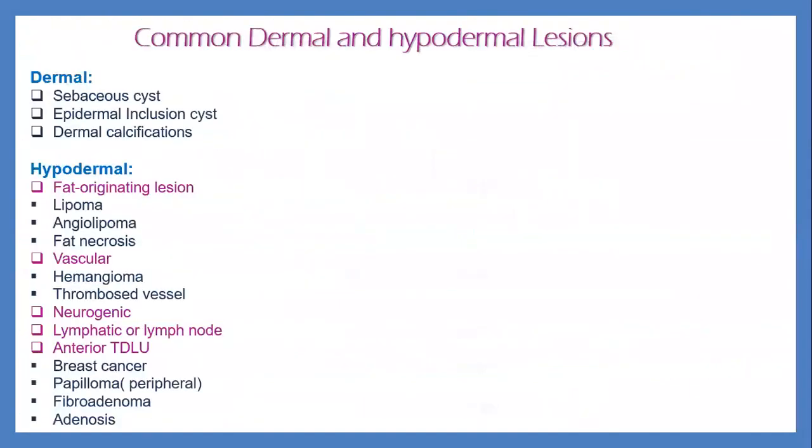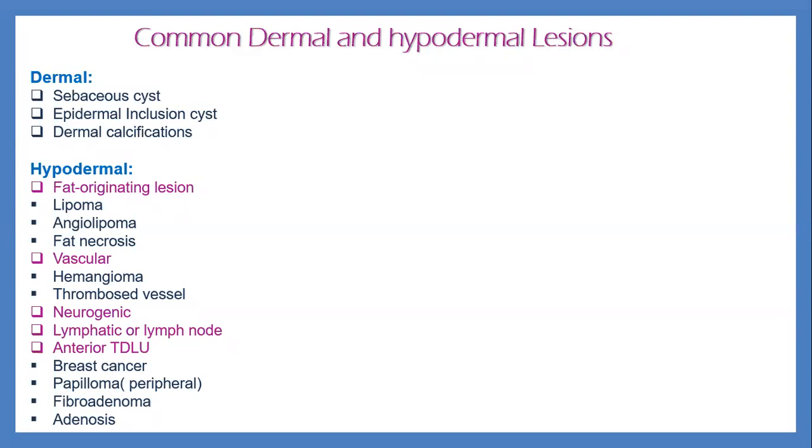Let us see the differential diagnosis for the dermal and hypodermal. The dermal are just the sebaceous and epidermal inclusion cysts as well as dermal calcifications, while hypodermal has a wide differential diagnosis, including fat-originating lesions like lipoma, angiolipoma, fat necrosis. All these are characteristically seen on ultrasound as variable degrees of hyperechogenicity.